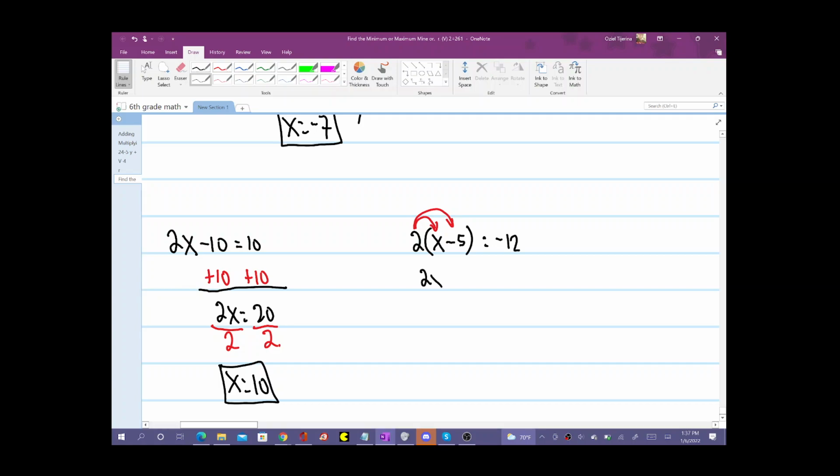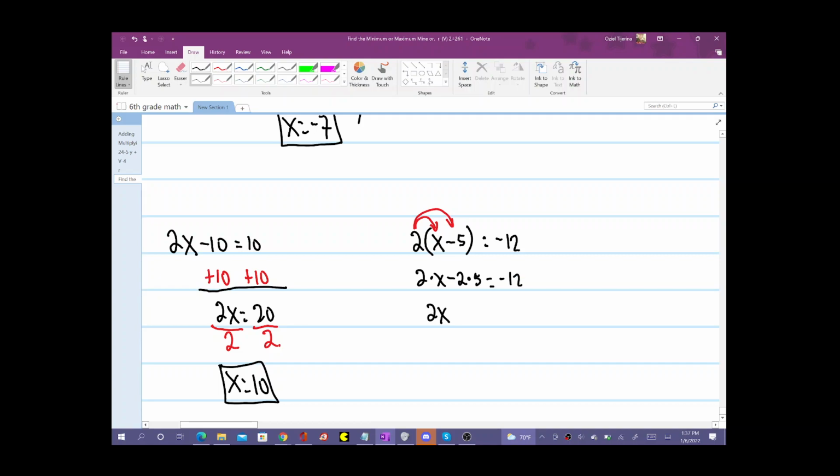So this gives you 2x minus 10 equals -12. That is what distributive property is. You're saying 2 times x minus 2 times 5 equals -12.